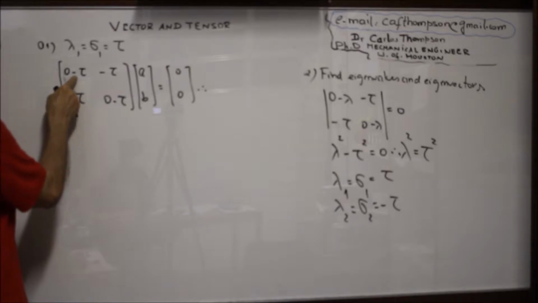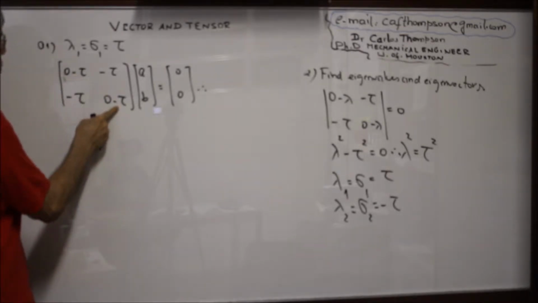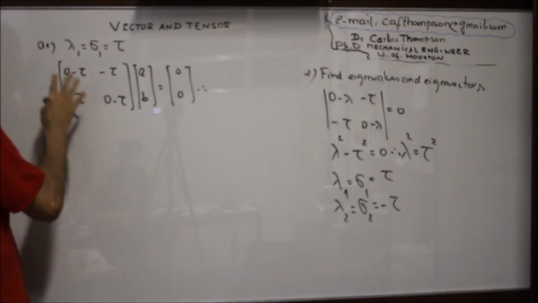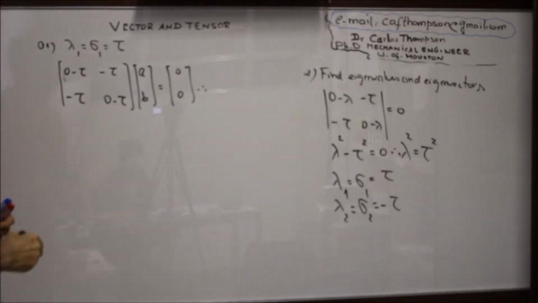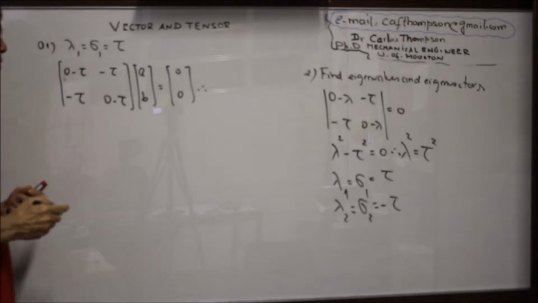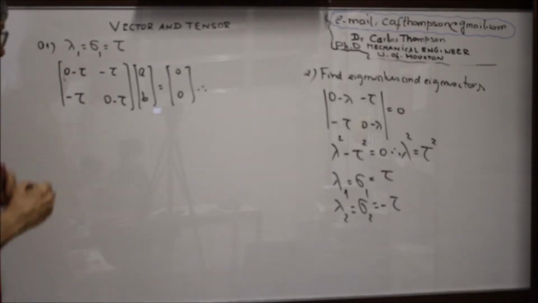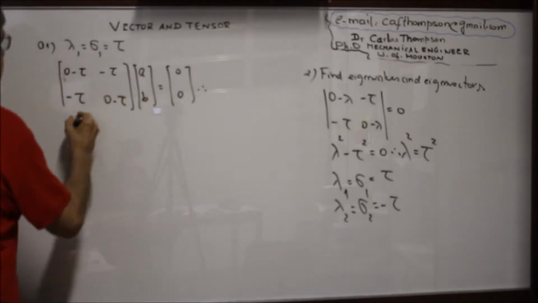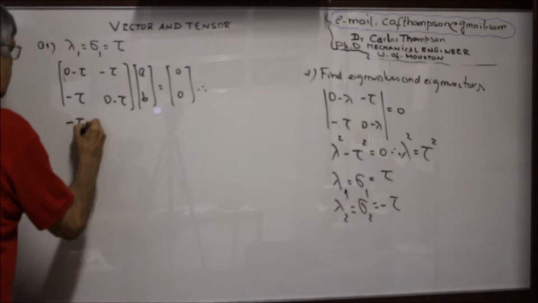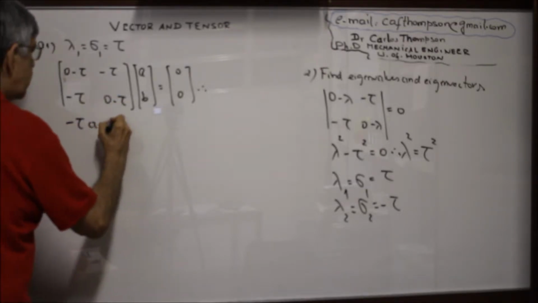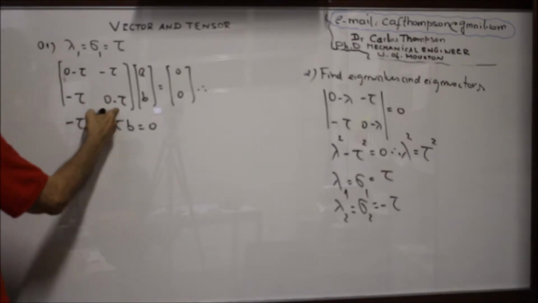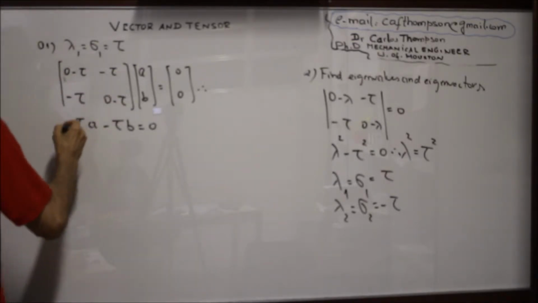Now the determinant will be tau square minus tau square, which is 0. The determinant must be 0 for us to have non-trivial solutions. Now, let's solve here. Minus tau A minus tau B is equal to 0, and the same equation in the other row.